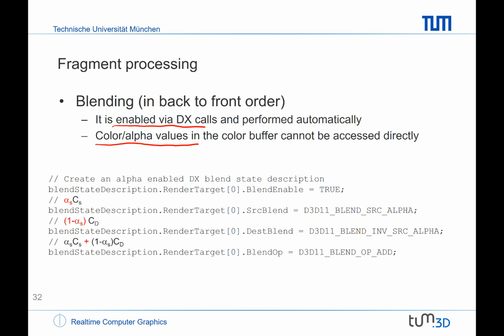First of all, you can set the blend enable to true. That means blending should happen. Or you could disable it by saying it's false. Then no blending at all would happen. And then you can determine the blend operation you want to perform.